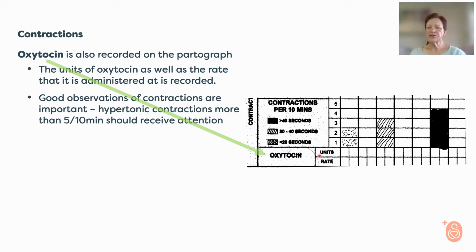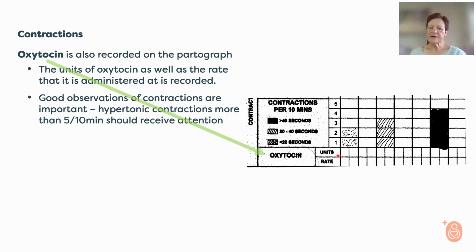We can see how much oxytocin the patient is getting, how the progress of labor is progressing, what the contractions look like, etc. So on this part of the partograph, we will record the units of oxytocin. That's, for example, if 5 units or 2 units or whatever has been added to a liter of Ringer's lactate or whatever it's been put in. And then here the rate of how fast it runs will be recorded.